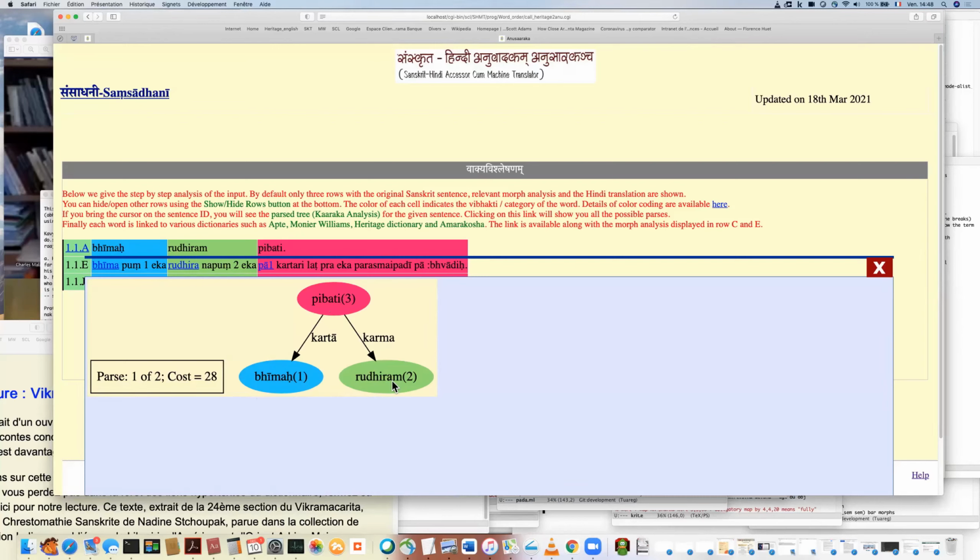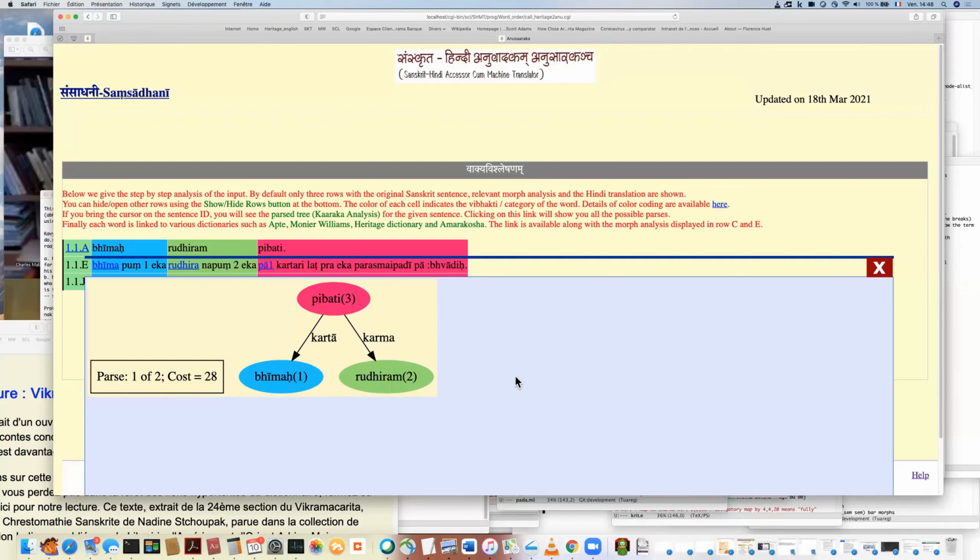But here in this interface, the Subantas have colors that depend on their vibhakti. So here this Bhima is blue because it's karta, and this Rudiram is green because it's karma. So you should not be confused about the color code. The color codes are a little bit different.